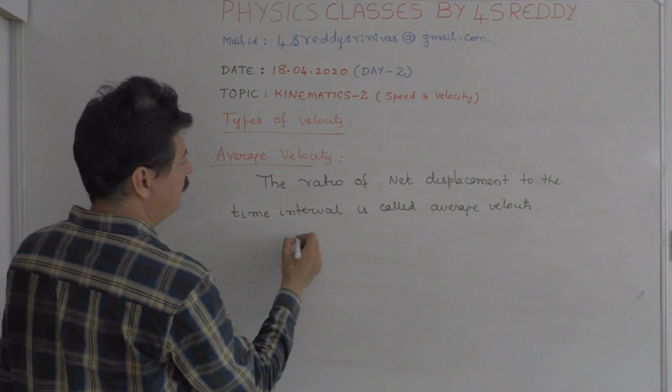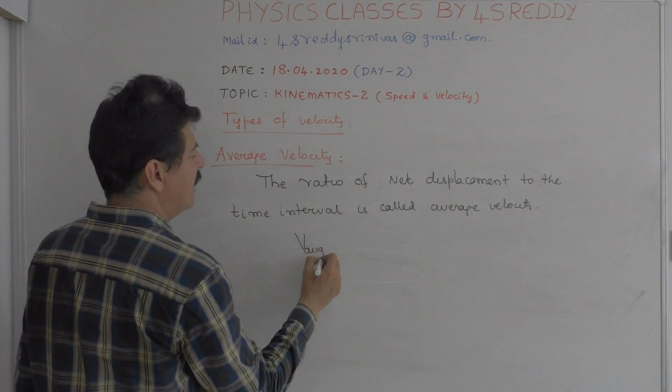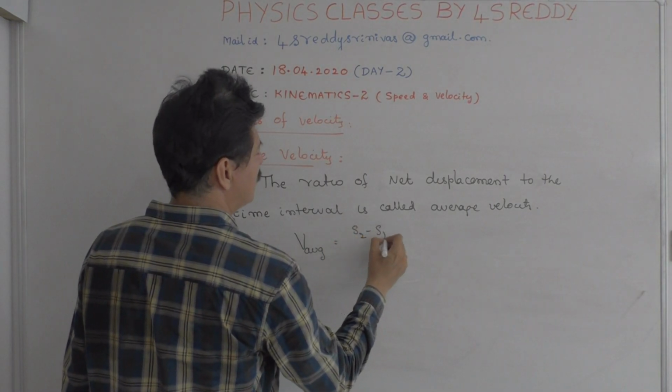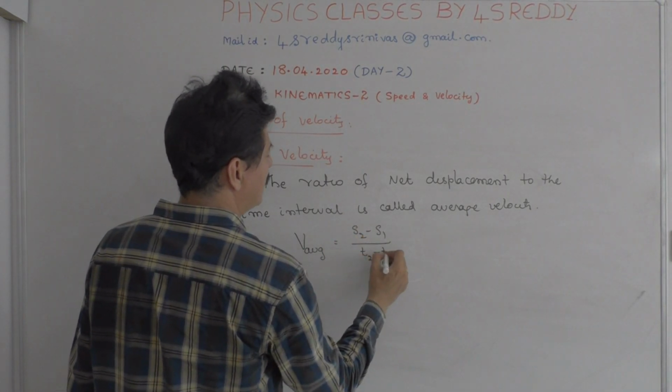That is given by V average equals S2 minus S1 by T2 minus T1.